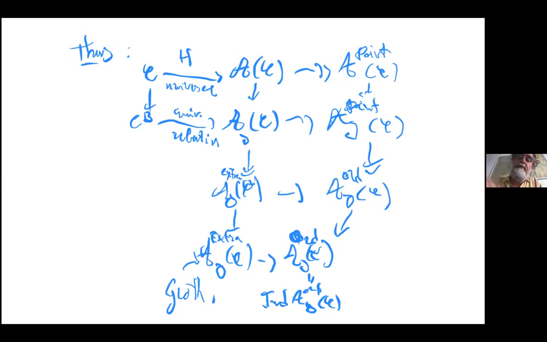So for example, if we take Top with the usual interval and the usual class of excision squares, you get what I define as topological motives.